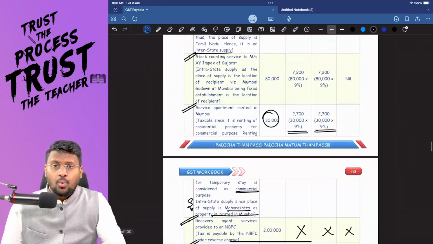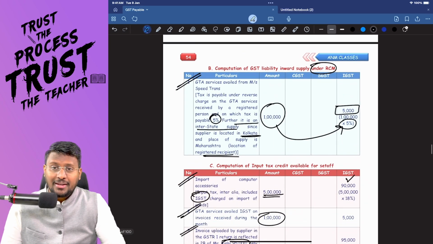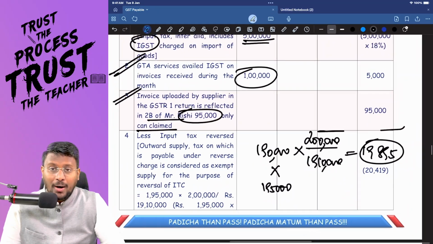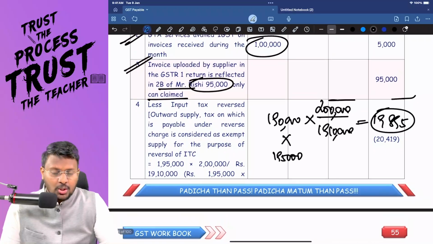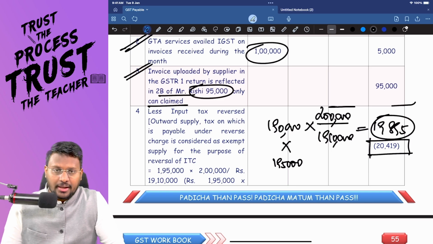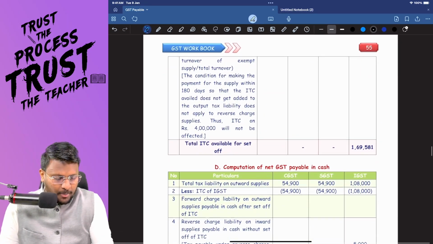But now, only once it is reflected in the GSTR 2B are we entitled to take ITC. So the common credit will be 1,90,000 into 2 lakh divided by 19 lakh 10,000. So instead of this 20,419, 19,895. So my dear lovable students, the total ITC available for set off will be 1,69,581.